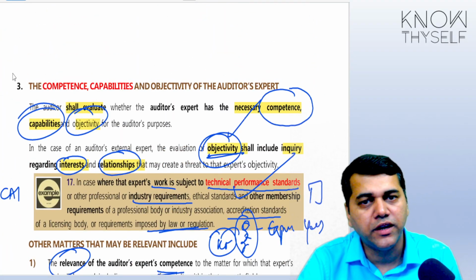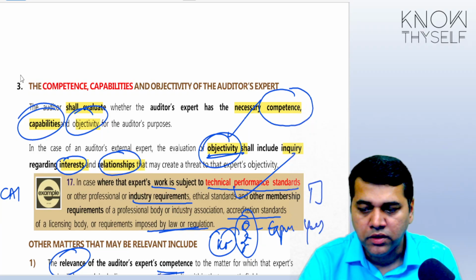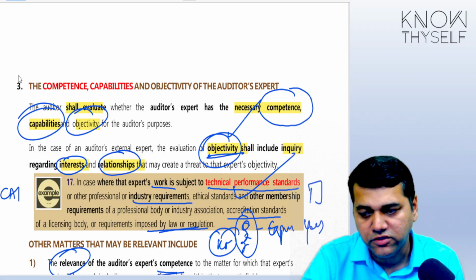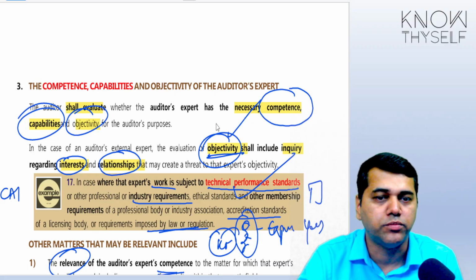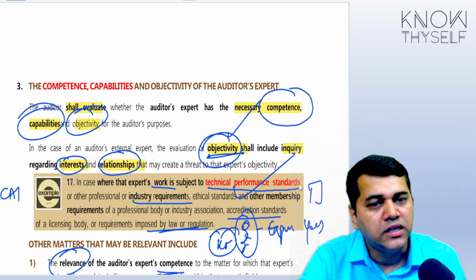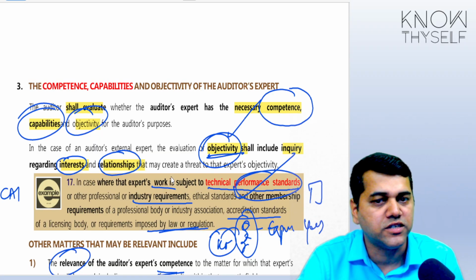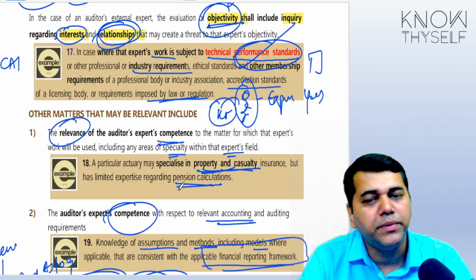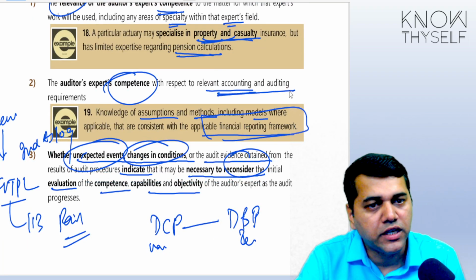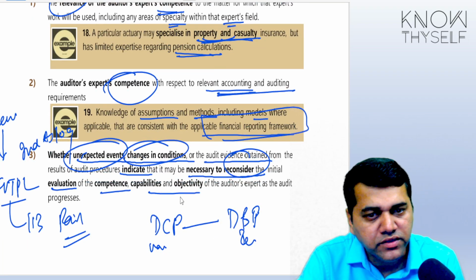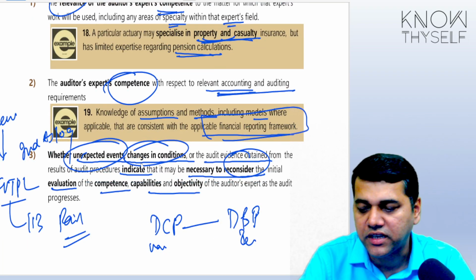So once you have figured out that you need an expert, and you may involve him extensively or not, you have to consider competency and objectivity. Objectivity you can consider by checking the technical professional standards and their relationship. Competency you can check by whether it is relevant, whether they know the relevant accounting and auditing pronouncements, and any changes in the conditions.